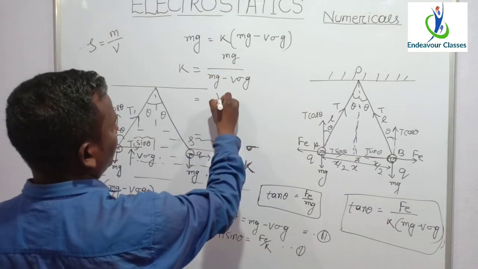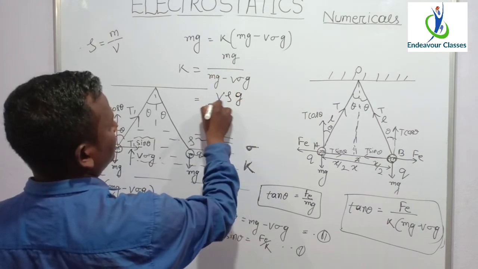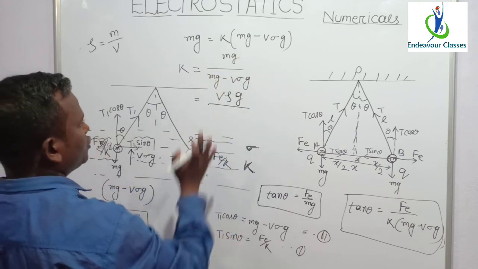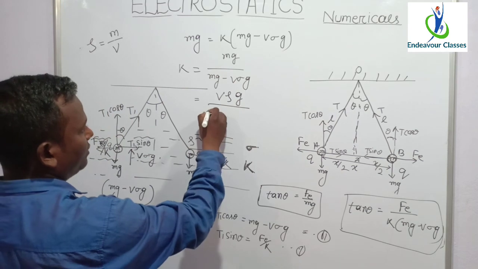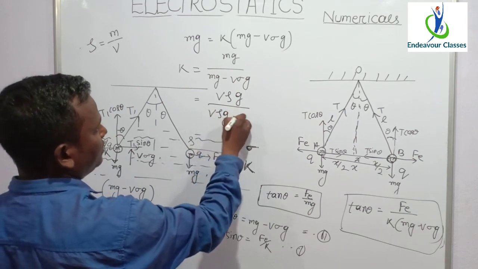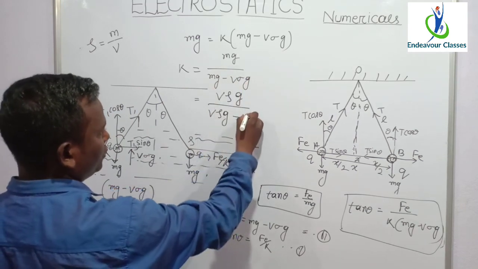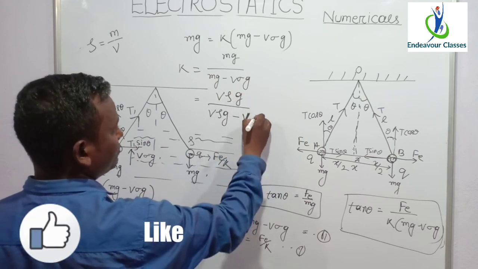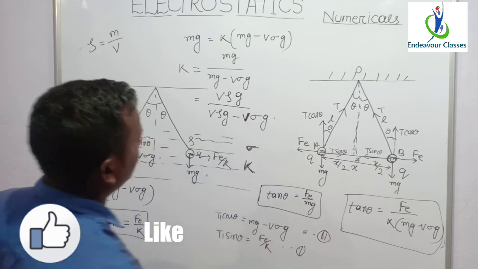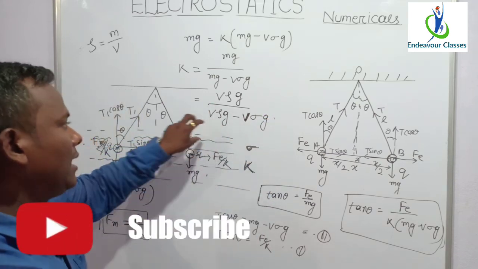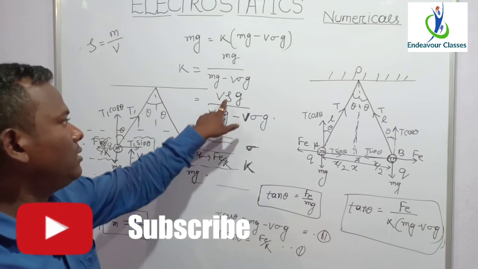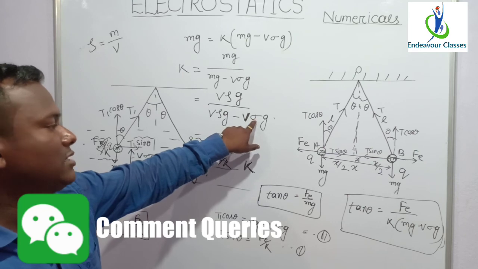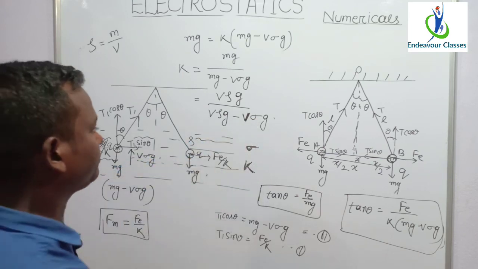So it will be V rho g, the weight of the solid, divided by V rho g minus V sigma g, where V sigma g is the upthrust by the liquid. Remember, all the volumes are the volume of the body, but rho is the density of the solid body, whereas sigma is the density of the liquid.